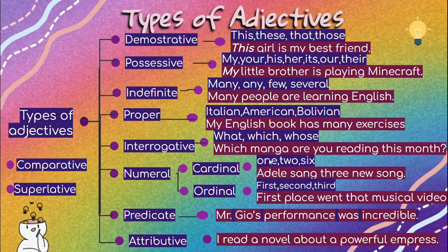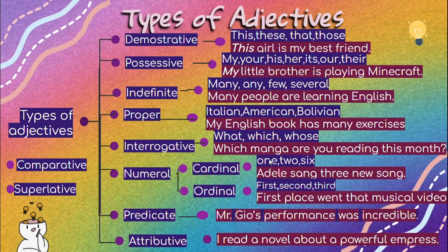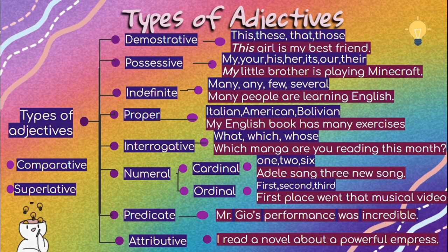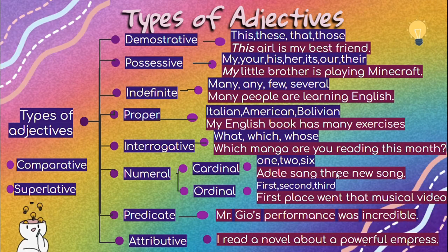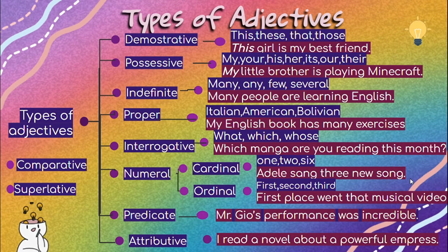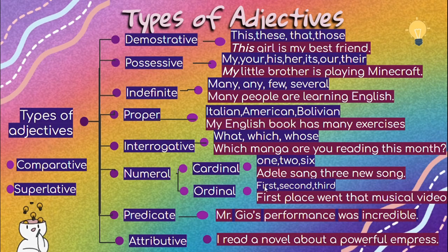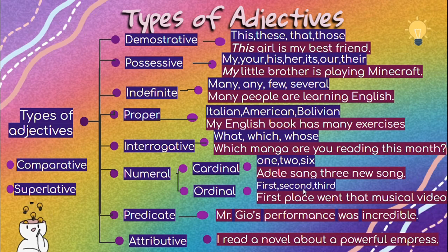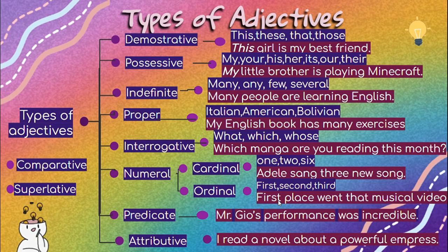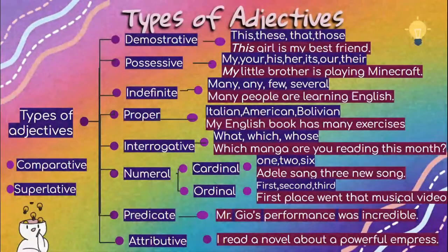Cardinal could be 1, 2, 6, 7, 8, 100. For example, Adele sang 3 new songs in her last concert. Ordinal could be first, second, third, fourth. For example, first place went to that music video.